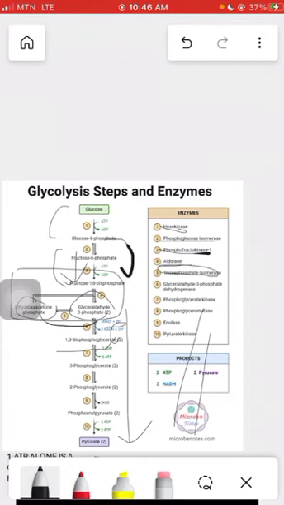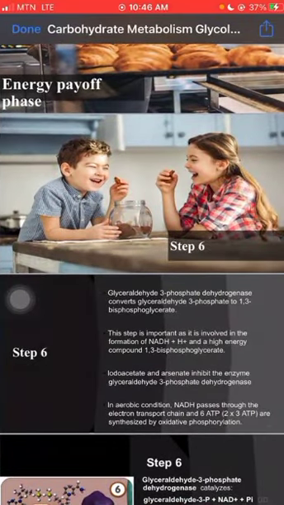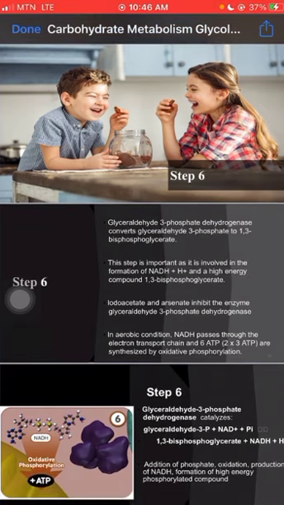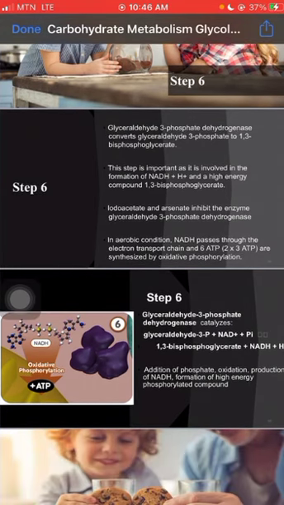Put that in mind. So that step is very important. Let's go here and look at something. So we produce NADH, and we will multiply it by 2, making 2 NADH. And in that step, there are 3 things happening.